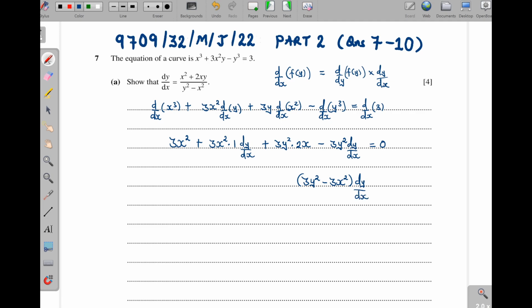You see that? Then this way, we shall have this 3x squared. And then we have this one here, which is 6x, then y.